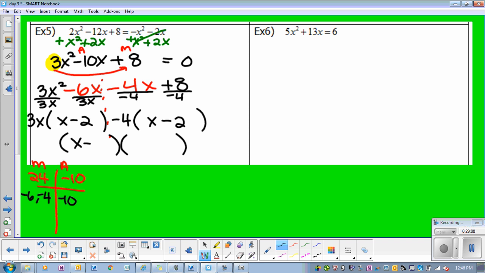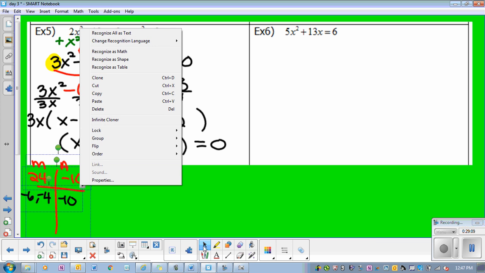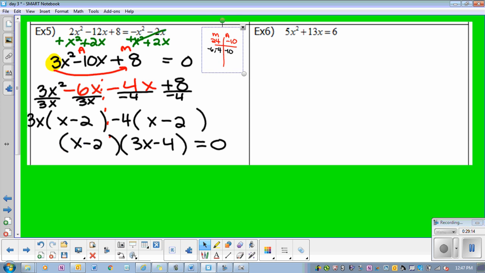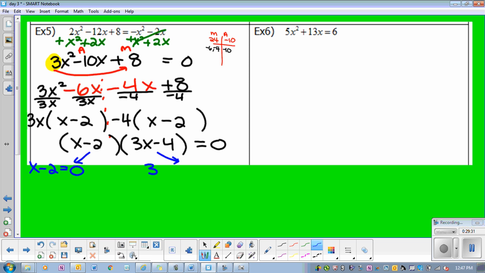So I have x minus 2 and 3x minus 4 equals 0. Okay? Now, same thing. Make mini equations when you're done factoring. One extra sheet of paper.